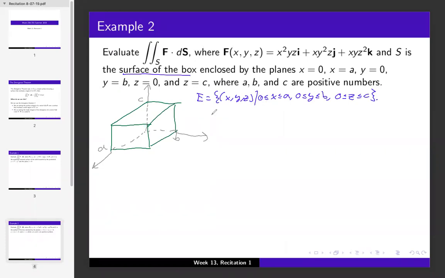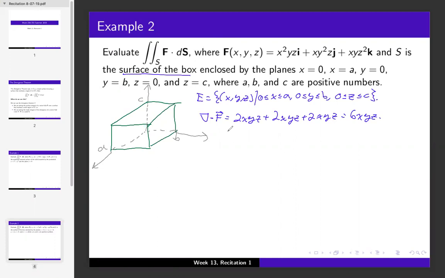So in this case, we'll calculate the divergence of this thing. The divergence of the vector field is going to be 2xyz in the i direction, plus another 2xyz in the j direction, plus 2xyz in the k direction, or in other words, 6xyz.